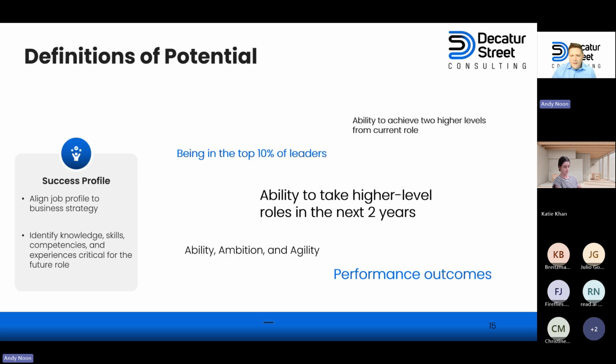They may have some very general definitions, like being in the top 10% of leaders. I've seen the ability to achieve 2 higher levels from their current role, or the ability to take a higher level role in the next 2 years. Others might be some generic ability, ambition, and agility.